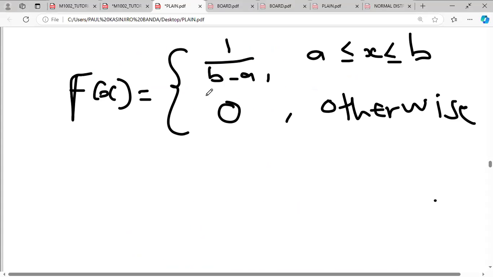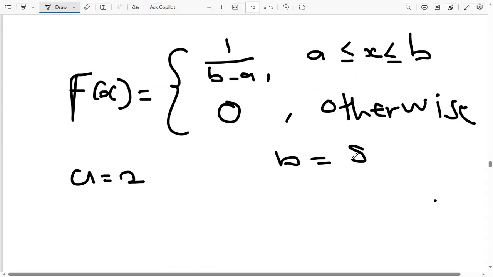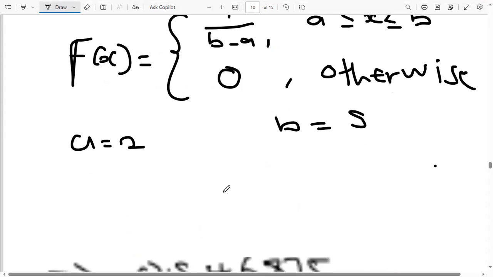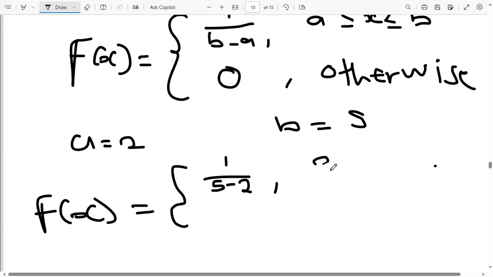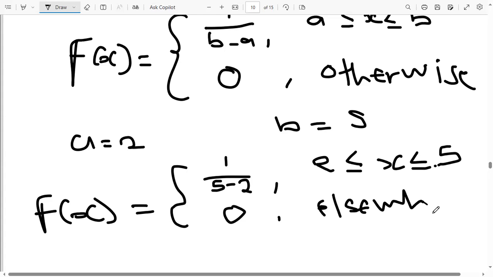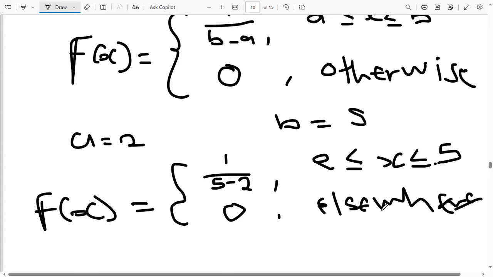Since our a is 2 and our b is 5, we're just going to replace into this function with those two numbers. So the PDF, which is a small letter f of x, will be equal to 1 over 5 minus 2, for x from 2 all the way up to 5, and then 0 elsewhere or otherwise. So this here will be the PDF.